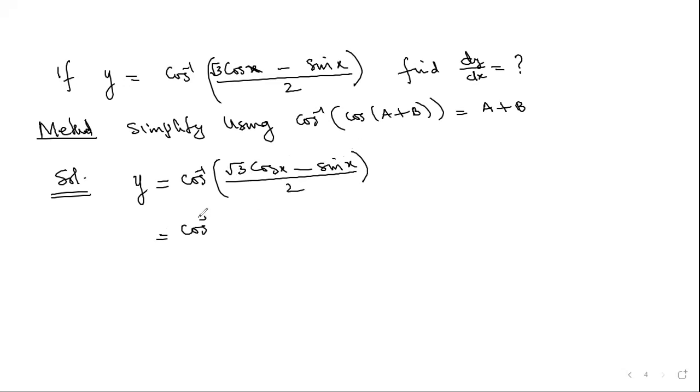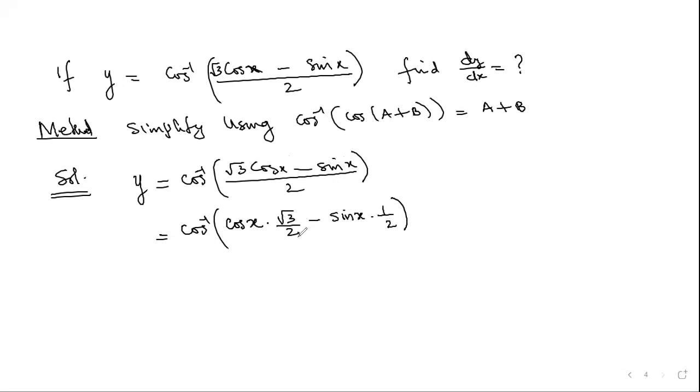Then cos inverse of root 3 by 2 into cos x. We will prefer to write cos x first, and then root 3 by 2. Even if you do it the other way, no problem. It will be better, that's it. There's no reason behind it. Into 1 by 2.